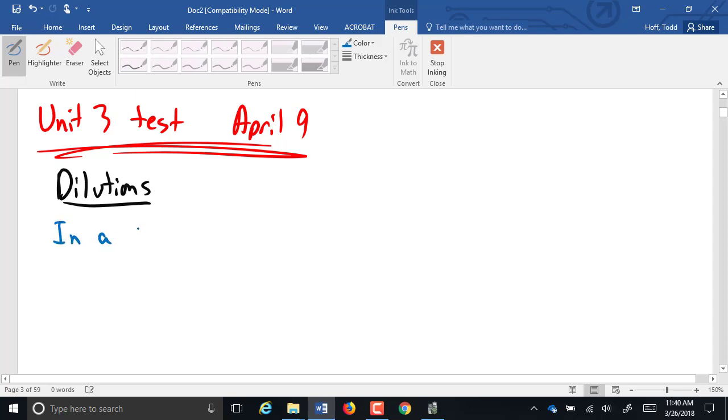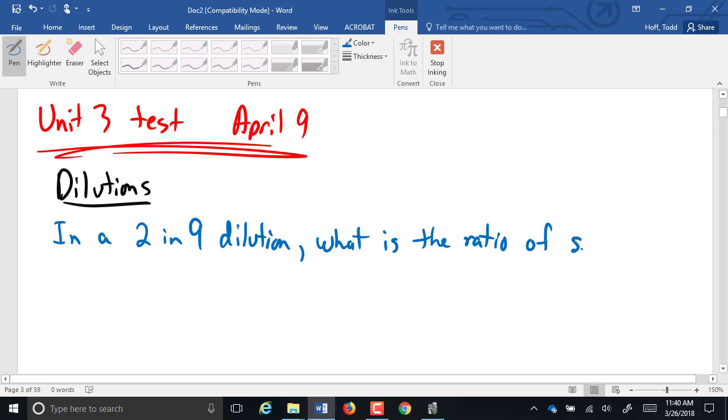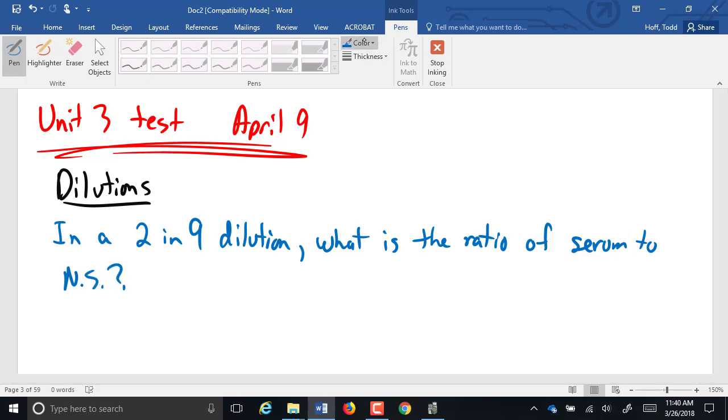In a 2:9 dilution, what is the ratio of serum to saline? So 2:9 dilution is 2/9.